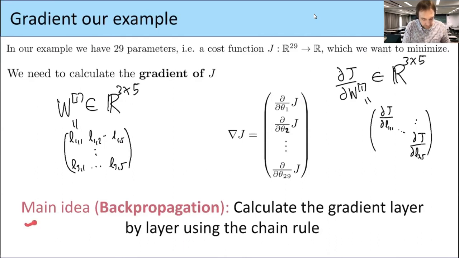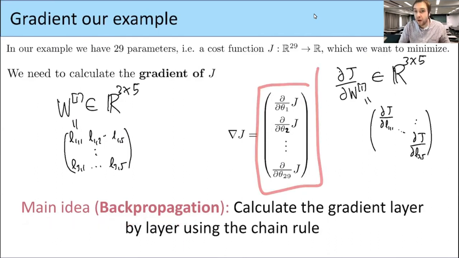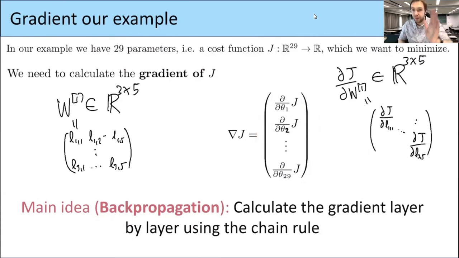But as we will recall in a second, we will not calculate them all at the same time. We will start at the last layer, and for the last layer we consider the parameters in the last layer, so this WR. Therefore, we will first calculate the derivative partial J over partial WR.